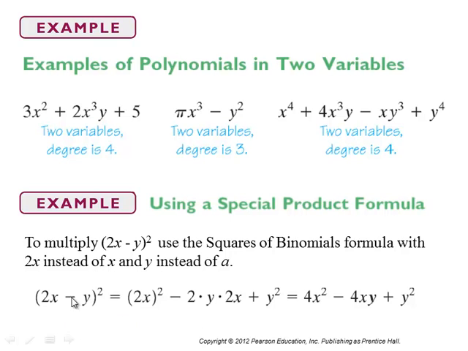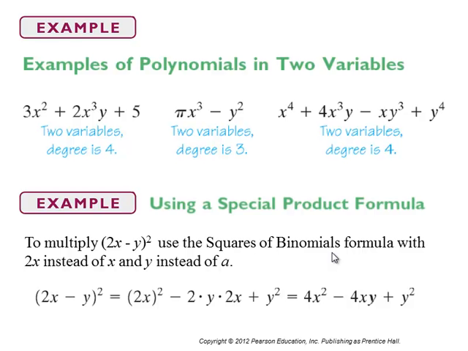And then 2 times negative y times 2x is negative 4xy. So we have a 2-variable polynomial, 2nd degree in this case. So you'll get the chance to do some playing around with single variable polynomials, multivariable polynomials, adding, subtracting, multiplying, dividing.